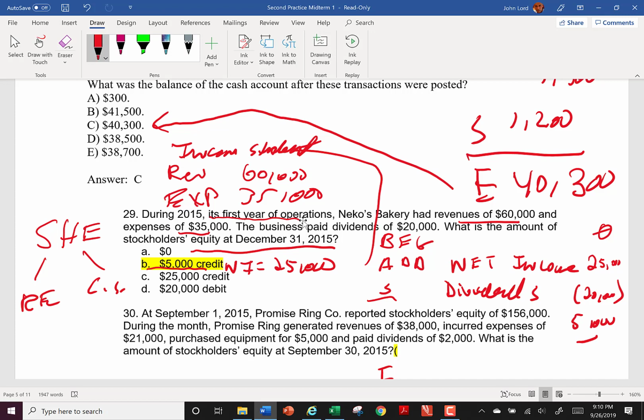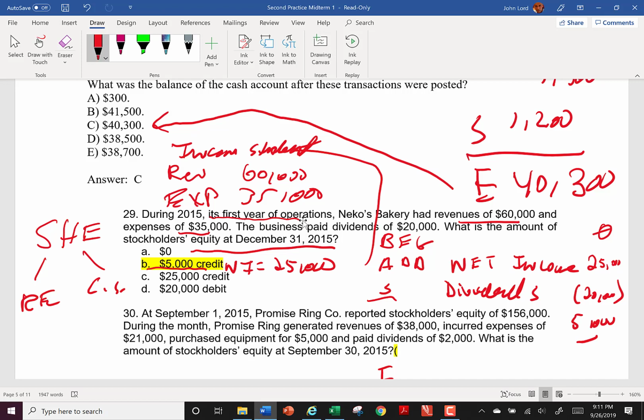So there's that credit. But then I have to close my dividend, don't I? So since I had debited dividend when I paid the dividend, to close it, I'm going to credit it, right? But I don't run it through income summary because dividends don't affect net income. They pull the plug out of the piggy bank and it comes straight out of retained earnings, doesn't it? So I go ahead and debit retained earnings for, how much was the dividend? 20,000.